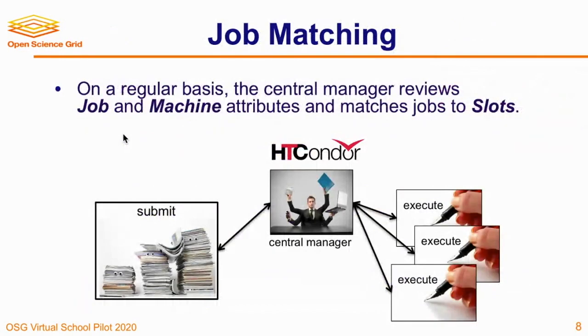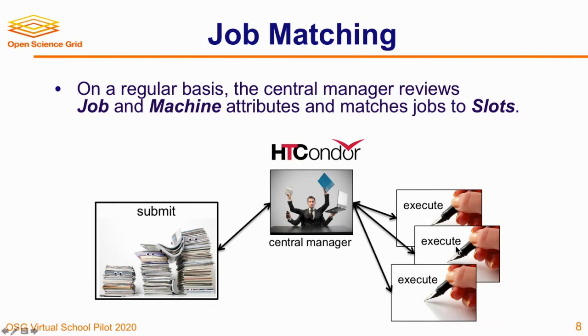So let's grow our understanding of how Condor works. I mentioned that there's a submit server, there are execute servers. Typically in a large cluster, there's a separate machine called a central manager, and this is really the matching brain. It's continually getting information about what jobs want to run and what resources they need, or if they have special requirements about the server other than the resources, like it needs to have a GPU of this type.